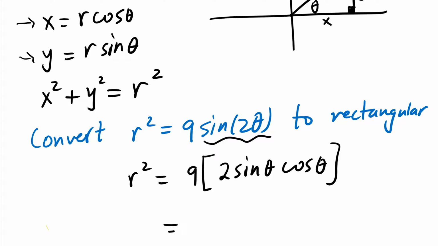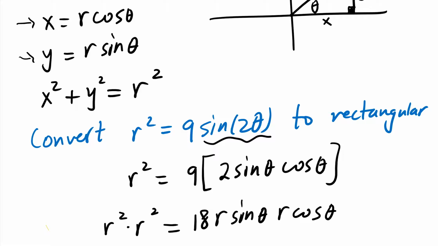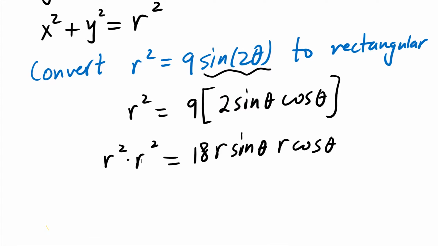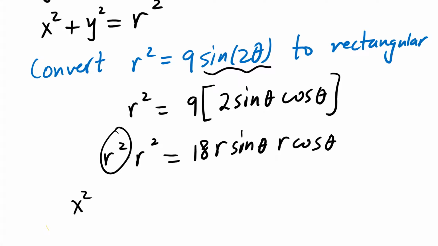So what I can do here, 9 times 2 is 18. I can multiply by r here next to sine theta and another r next to cosine theta. So that means I multiplied by r squared on both sides. Do you guys see that? So here, this is x squared plus y squared, and the one next to it is x squared plus y squared. So that's a double copy of that. 18.